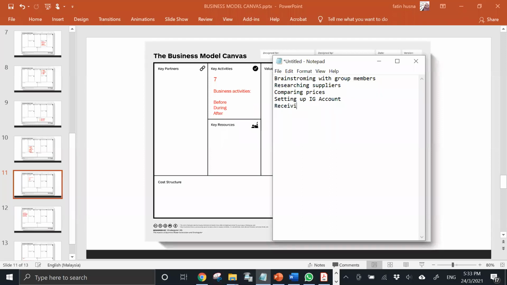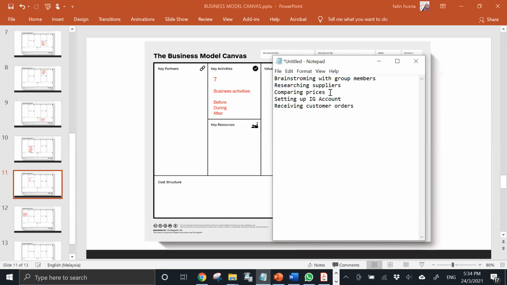During: receiving orders, receiving customer orders. You can see these are active words: brainstorming, comparing prices, versus compare prices. Compare prices is not an active word. So when it comes to key activities, you must start with an active word.